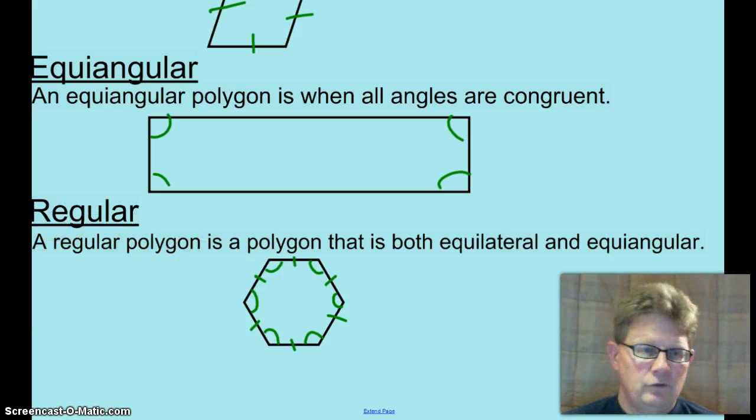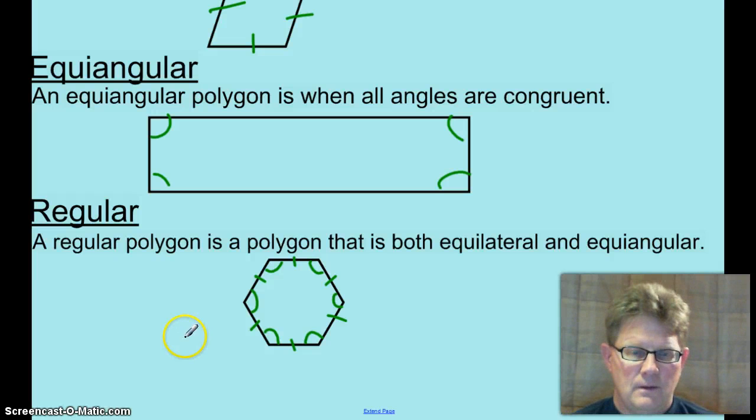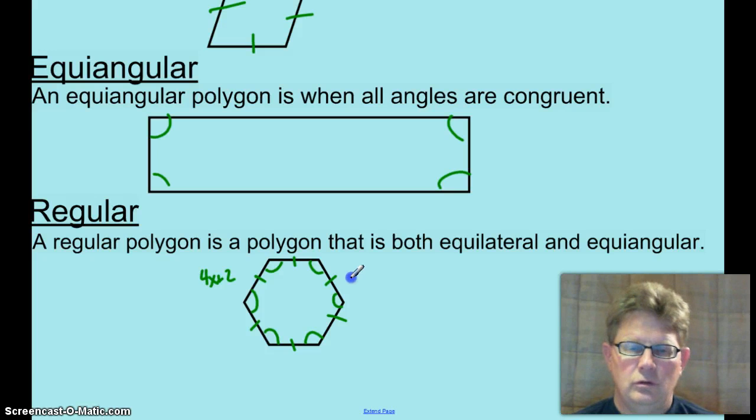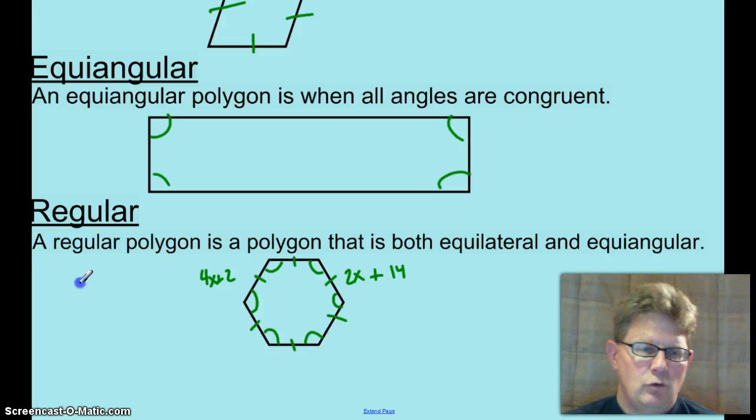So, I think what you'll see on your homework is something like this with a regular polygon, maybe. If this side is 4x plus 2, and this side is 2x plus 14, what's the perimeter of the whole thing? Since it's equilateral, these sides are congruent to each other. So 4x plus 2 equals 2x plus 14.